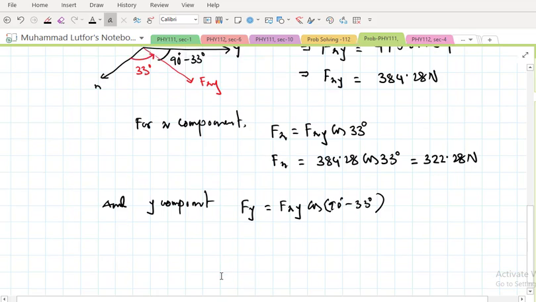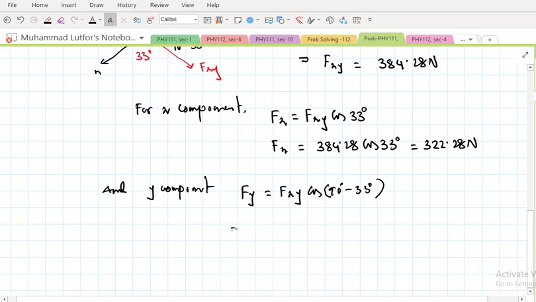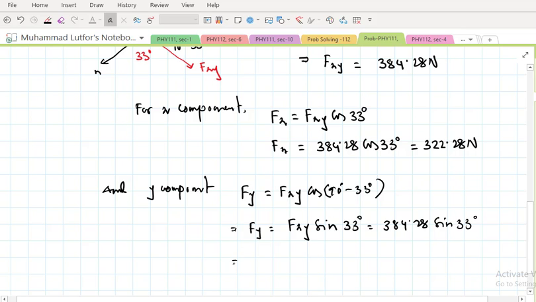So that's how we can write the F y component as F xy sine of 33 degrees. Now I know F xy is 384.28, times sine 33 degrees. That will give you the F y component as 209.29 Newton. So that will be that component.